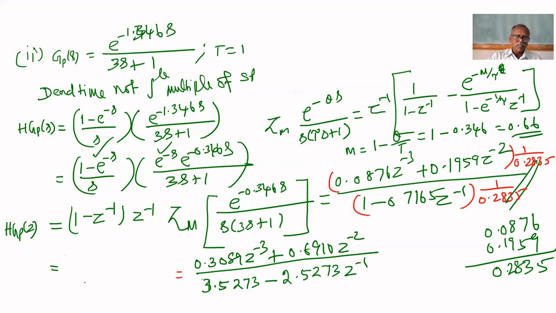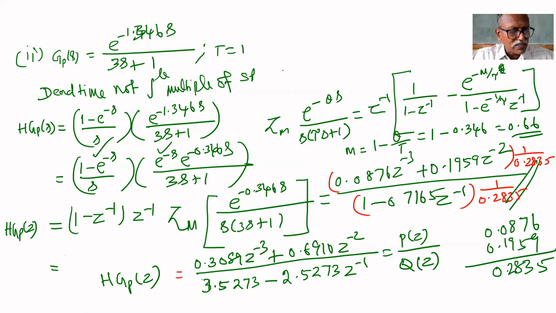So this is HGP of Z. We got two terms. If you add the two terms, it's equal to 1. Therefore, the numerator is P of Z and the denominator is Q of Z. Now we can find the controller D of Z.